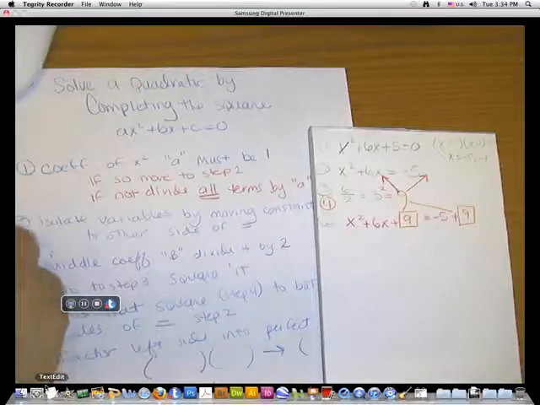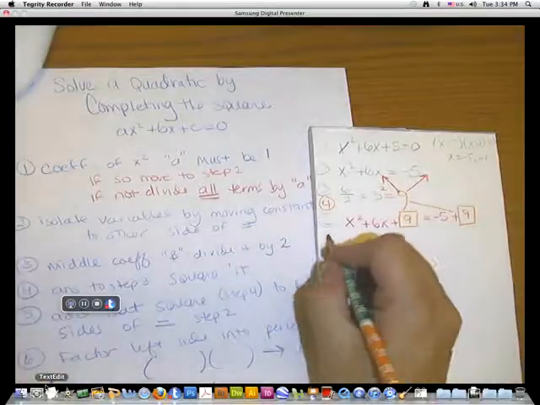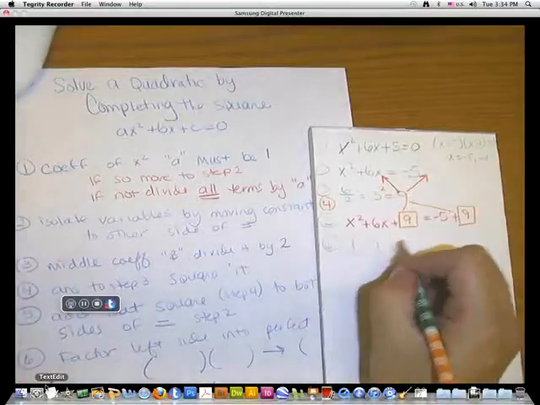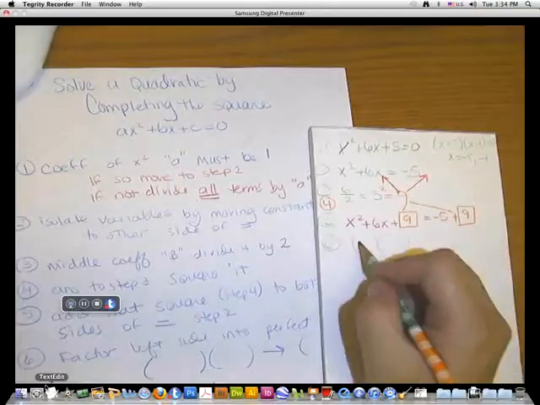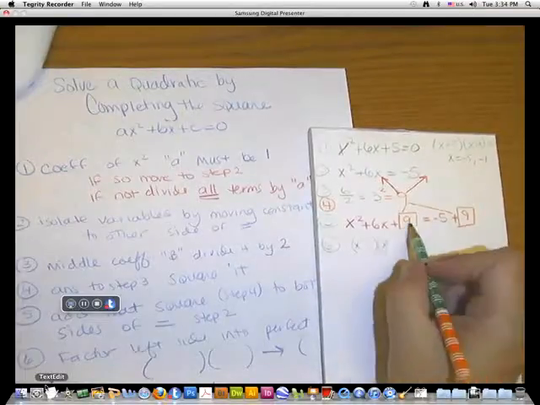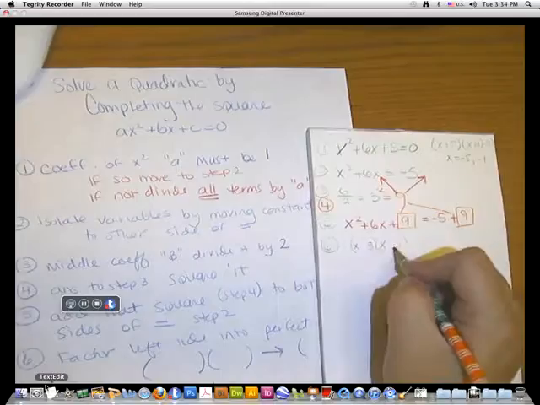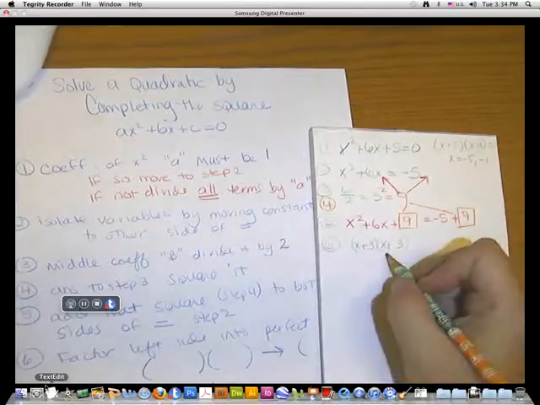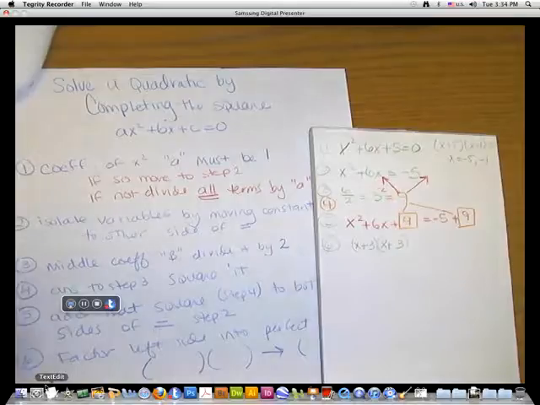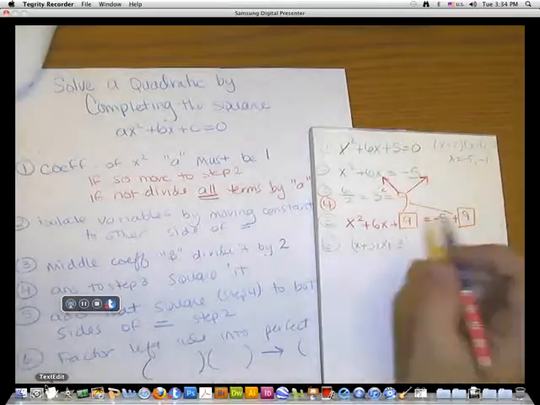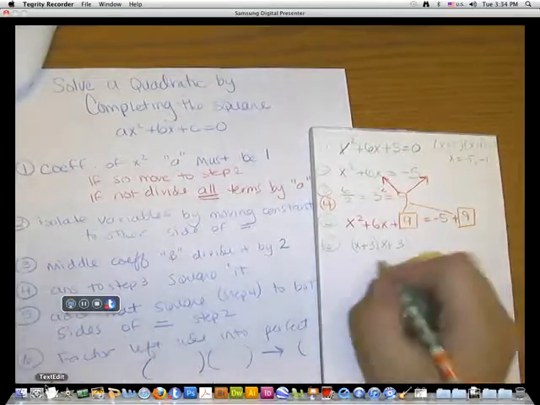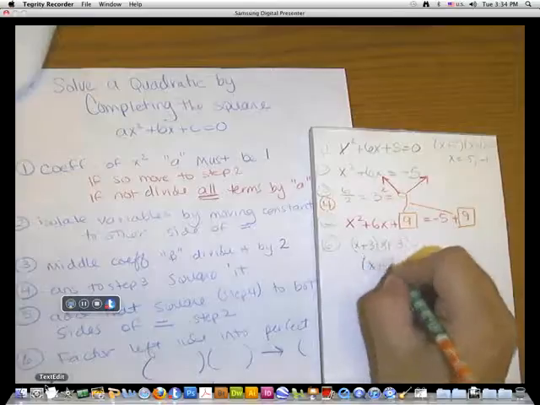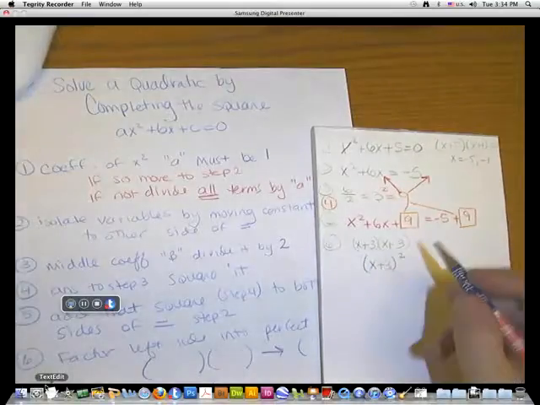Then on step 6, we're going to be able to factor this into the same pieces, x and x, and 9 will give me 3 and 3, plus and plus. So this becomes x plus 3 squared.